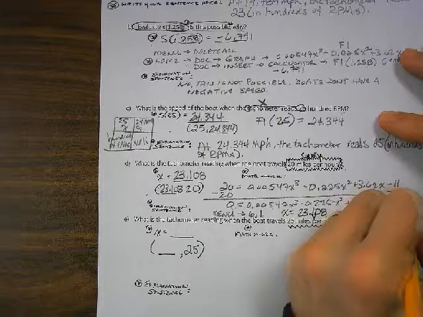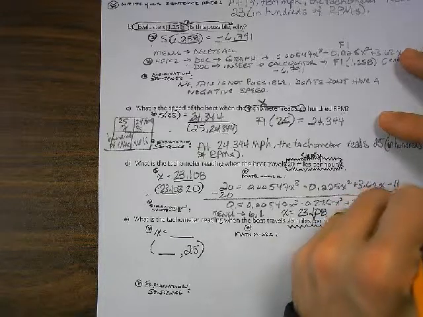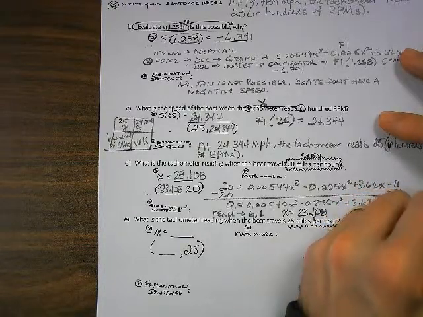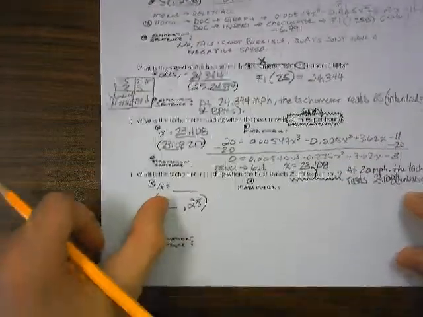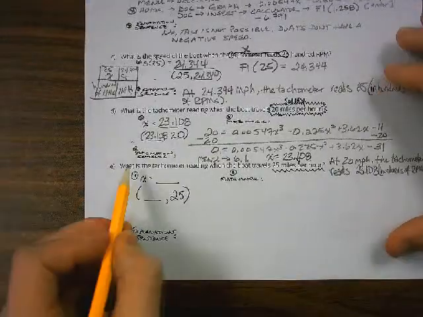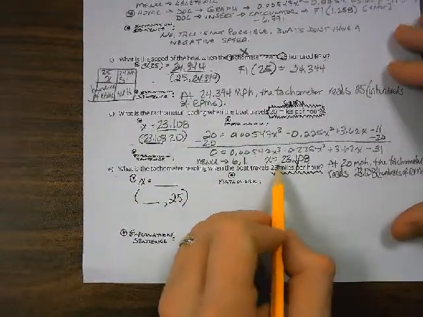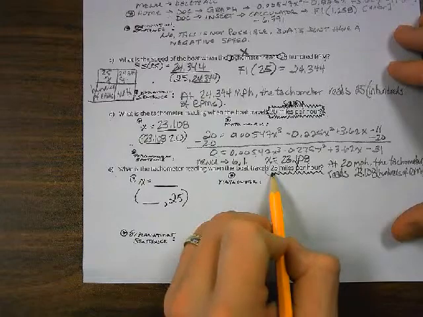Last set here. It says, what is the tachometer reading when the boat travels 25 miles an hour? Well, that's good. Miles per hour is still y, so basically this is a repeat problem. And what you want to do is instead of 20 miles per hour, you're going to put 25 miles an hour here.